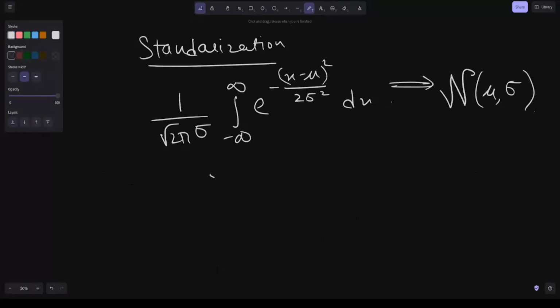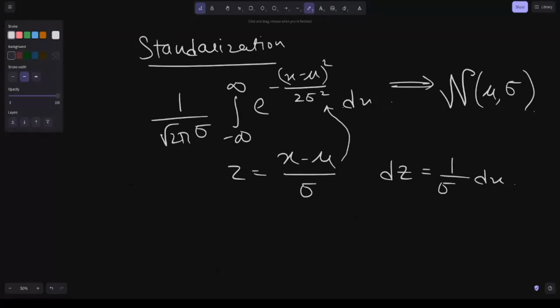What you do now, take z is equal to (x minus mu) by delta. So dz is equal to nothing but 1 by delta dx, right? And you can possibly substitute here.